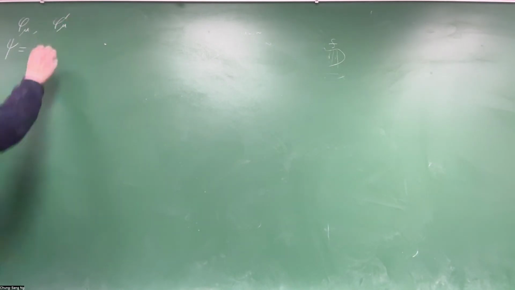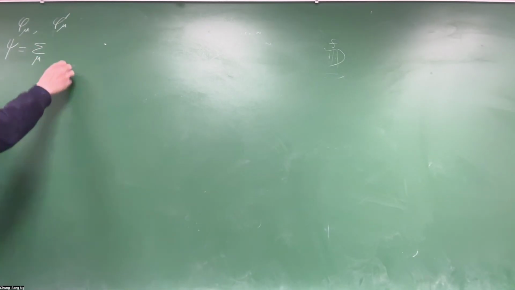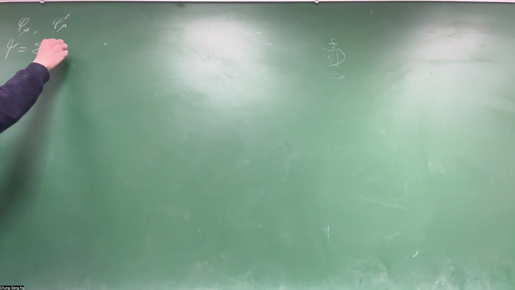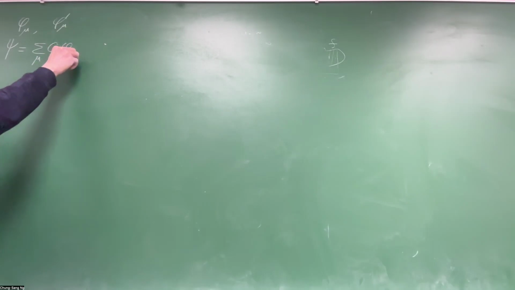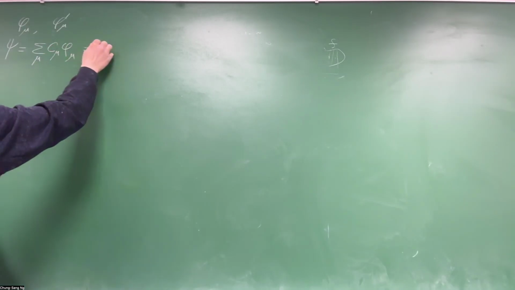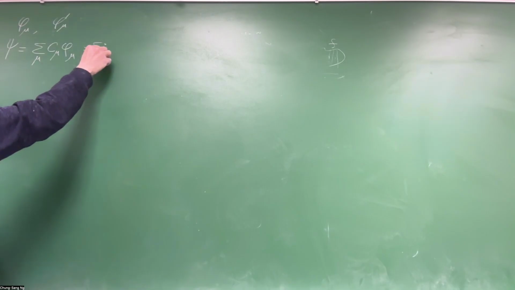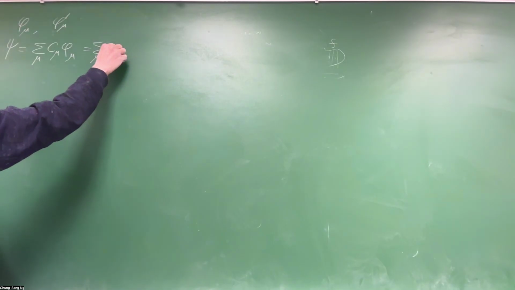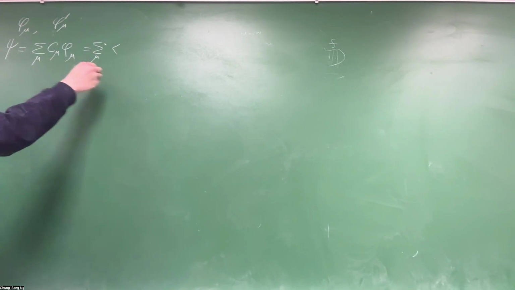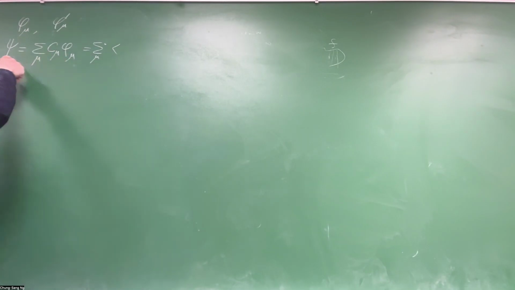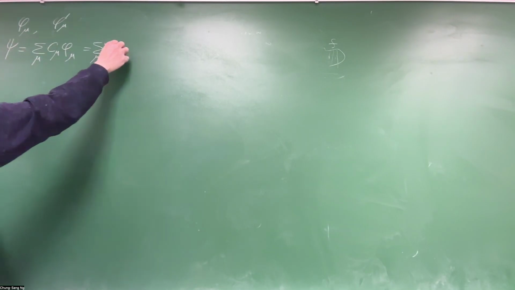In the old basis, it is the sum over mu of the coefficient c sub mu, and you know that this c sub mu is simply the projection of the function on the basis.